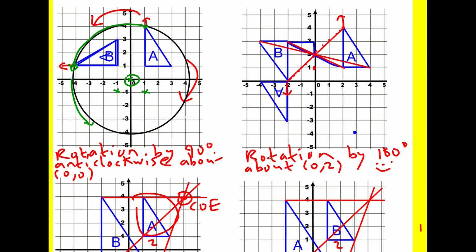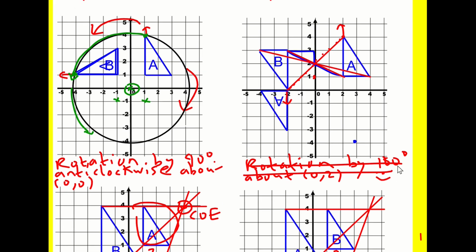So an alternative to this rotation by 180 degrees would actually be an enlargement by factor -1 about 0, 2. So they are the same thing.